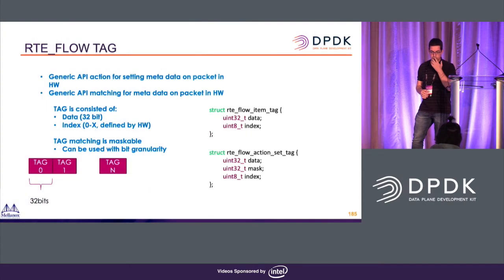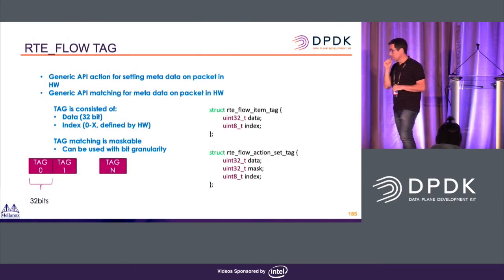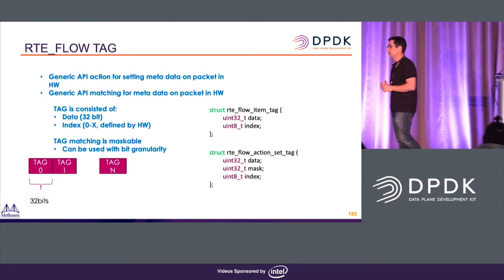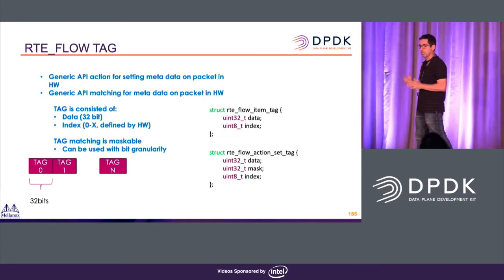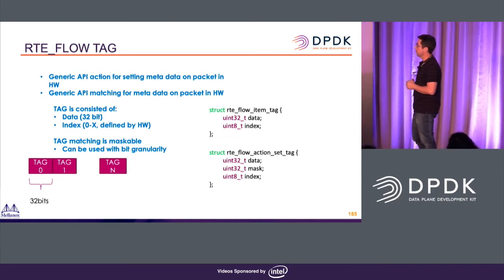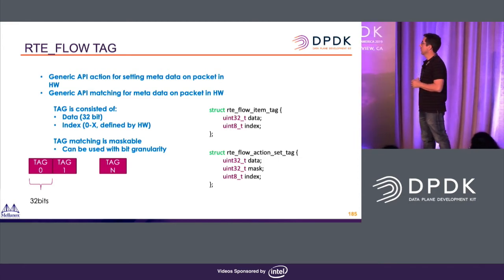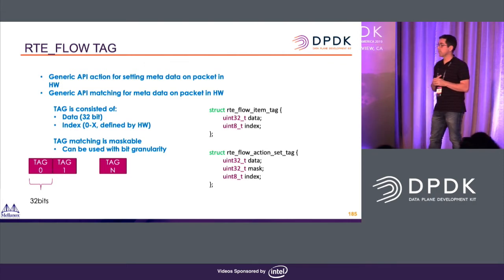Okay, RTE flow tag. In DPDK 19.11, there's a new API called RTE flow tag. This is a generic API for setting some information, some scratchpad that will follow the packet. It's 32-bit data, more like an array.